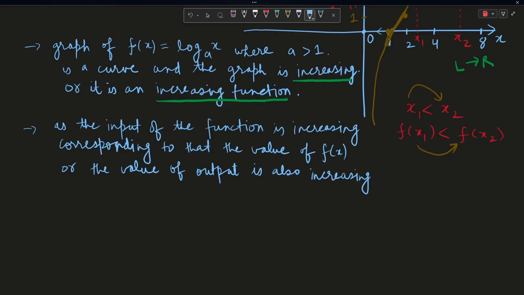Which shows that it is showing an increasing behavior when the value of a is greater than 1.